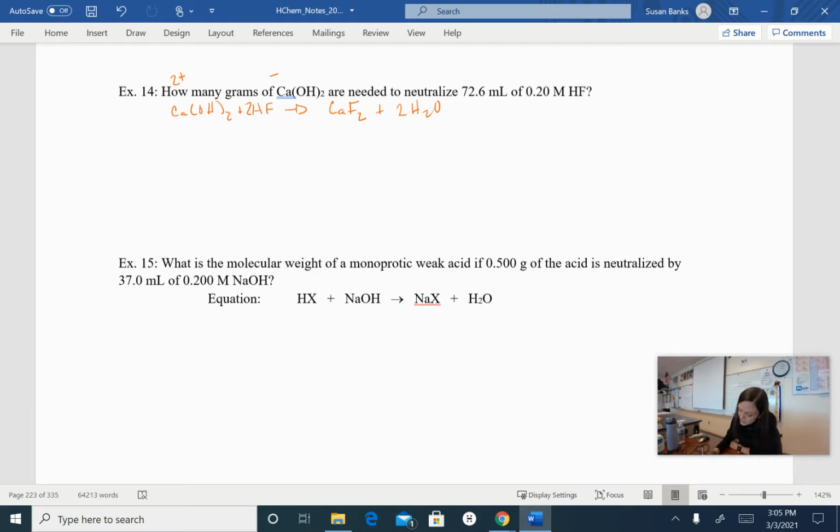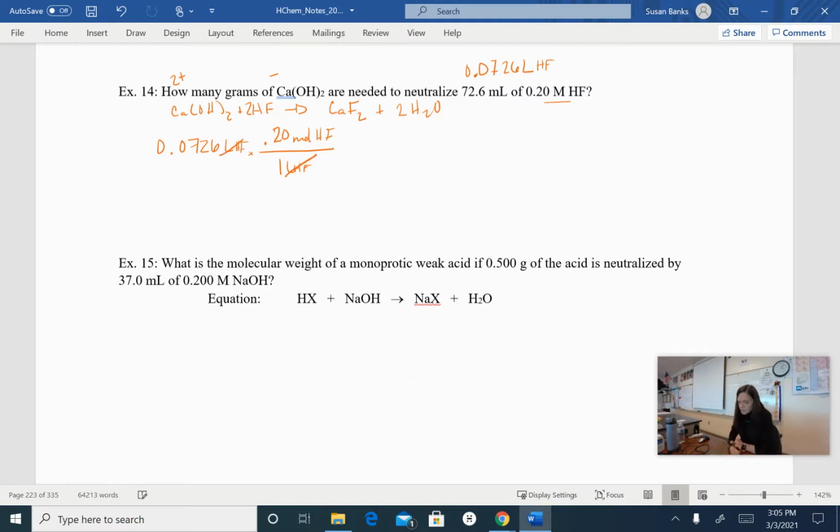I'm going to once again get this into liters. So this will be 0.0726 liters of hydrofluoric acid. So I'm going to start off with my liters, 0.0726 liters of hydrofluoric acid. And I'm going to use my concentration. I have 0.2 moles of hydrofluoric acid in 1 liter of my hydrofluoric acid solution.